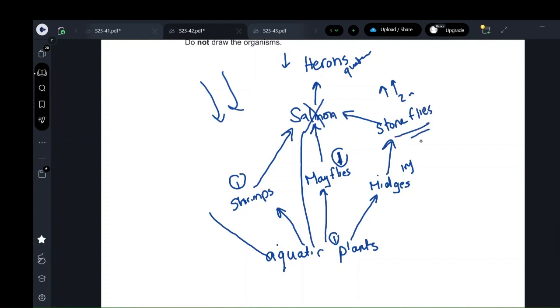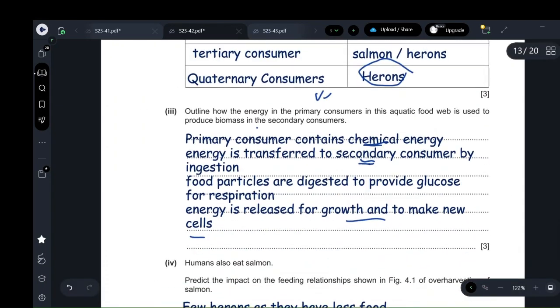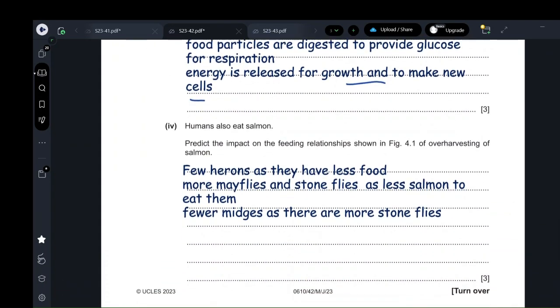When the stoneflies increase, the midges will decrease because they are eaten. So these are the three points and I can write: herons decrease because they have less food; more mayflies and stoneflies, less salmon to eat them; fewer midges as there are more stoneflies eating them.